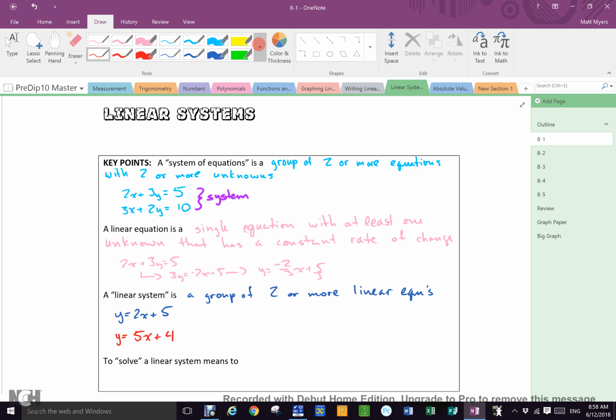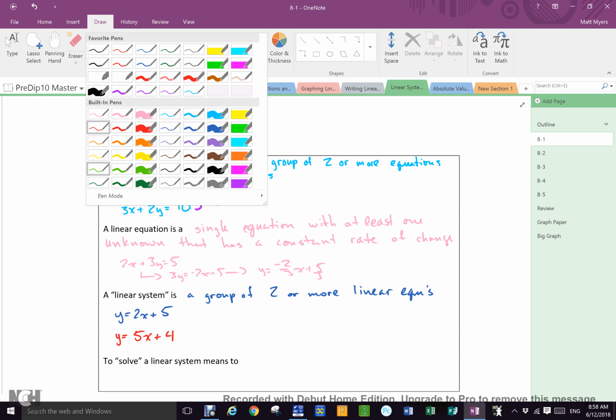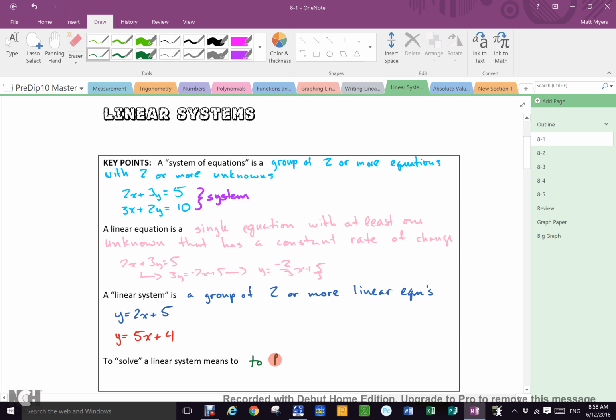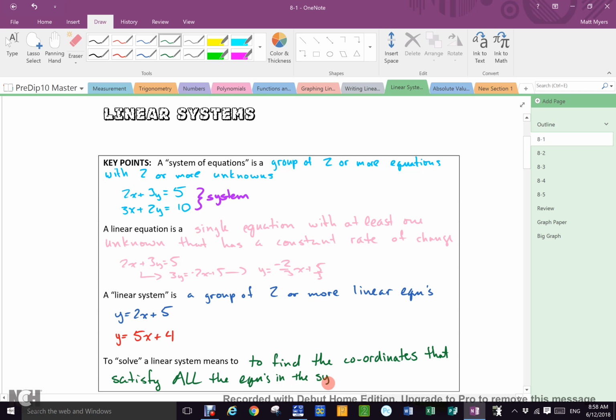So to solve a linear system means to find the coordinates that satisfy all the equations in the system.